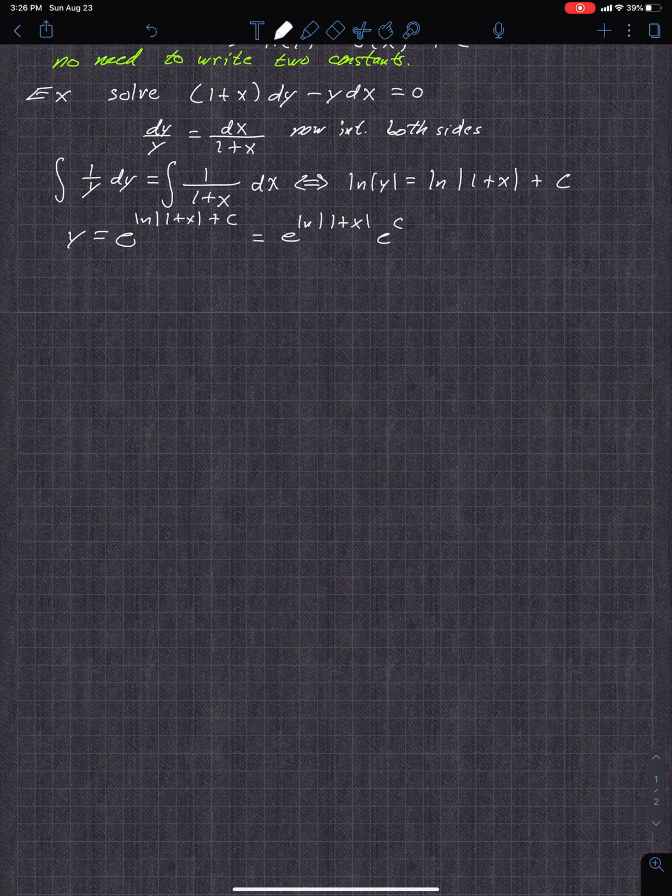Okay, continue. And then since e to the c is equal to some constant in the reals, and it's actually positive reals, but we don't really have to worry about that, we can write it as y equal to k times 1 plus x.